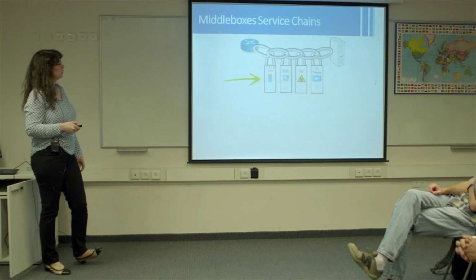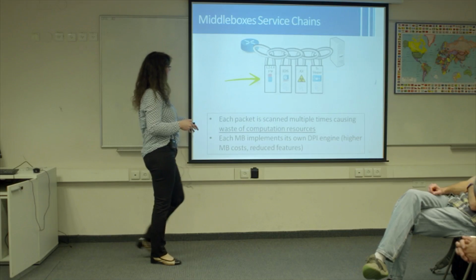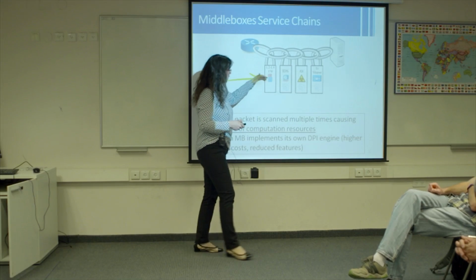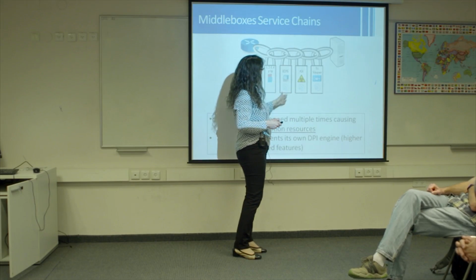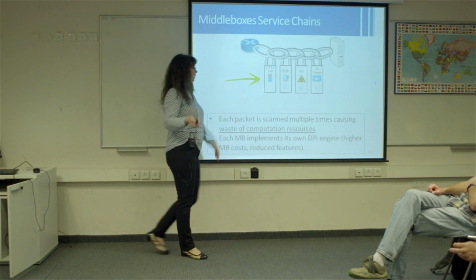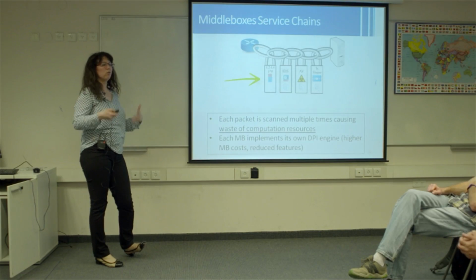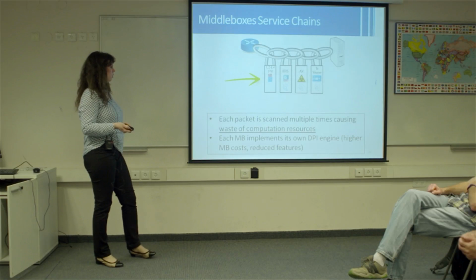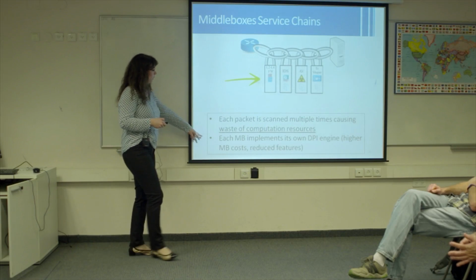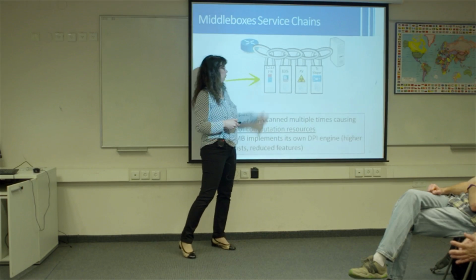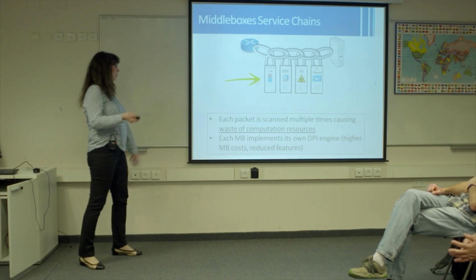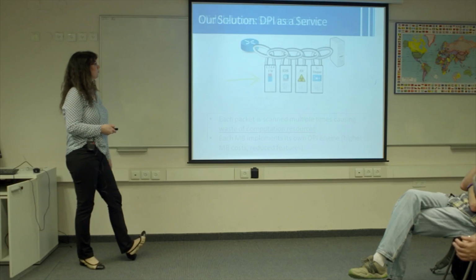Okay, so let's understand the basic idea. If you look at the service chain, you will see that each packet is scanned multiple times in deep packet inspection, because most of the middle boxes use deep packet inspection, which means there is a waste of computation resources. And each middle box implements its own DPI engine, which means higher middle box costs and reduced features.